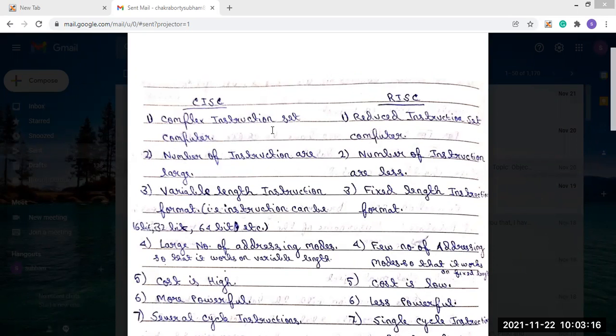If a 32-bit instruction came, then all of the instructions are 32-bit. In CISC, if 9 instructions came, 3 instructions are 16-bit, 3 are 32-bit, and 3 are 64-bit. But in RISC, all 9 instructions should be in the same format, whether 16, 32 or 64. That is the difference between CISC and RISC.